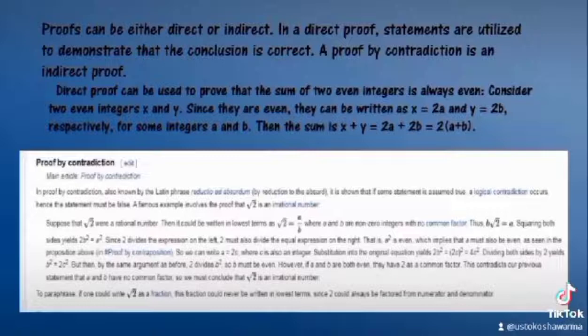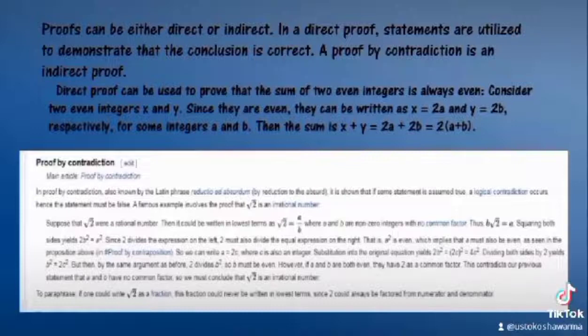So we can write a is equal to 2c, where c is also an integer. Substitution into the original equation yields 2b squared is equal to (2c) squared is equal to 4c squared. Dividing both sides by 2 yields b squared is equal to 2c squared. But then, by the same argument as before, 2 divides b squared, so b must be even.